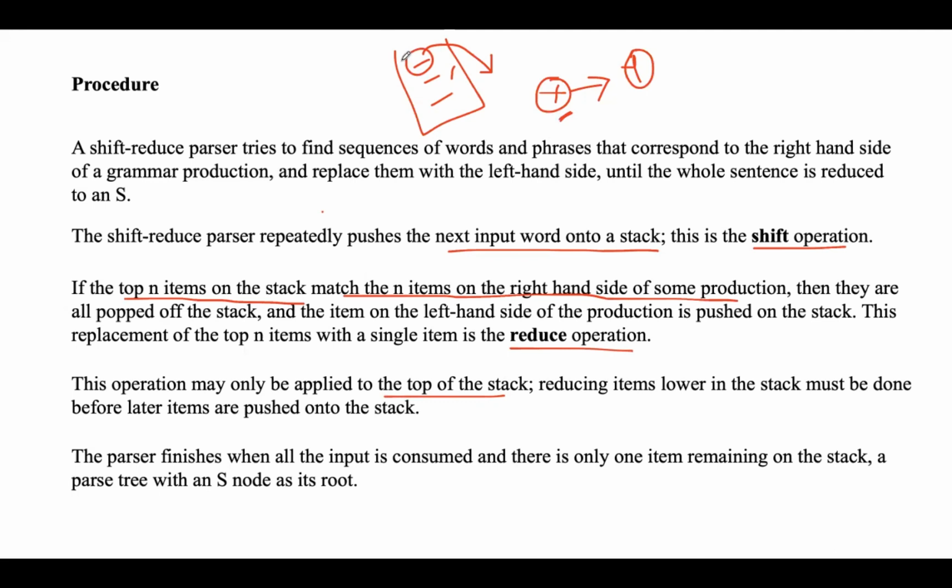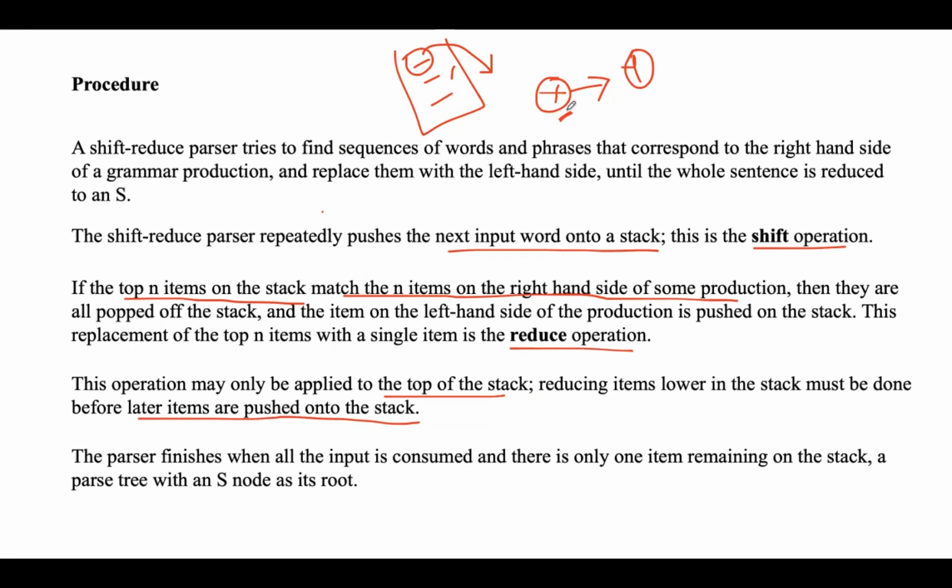Reducing items lower in the stack must be done before further items are pushed onto the stack. So you need to replace the top elements on the stack with the LHS before the next items are pushed.